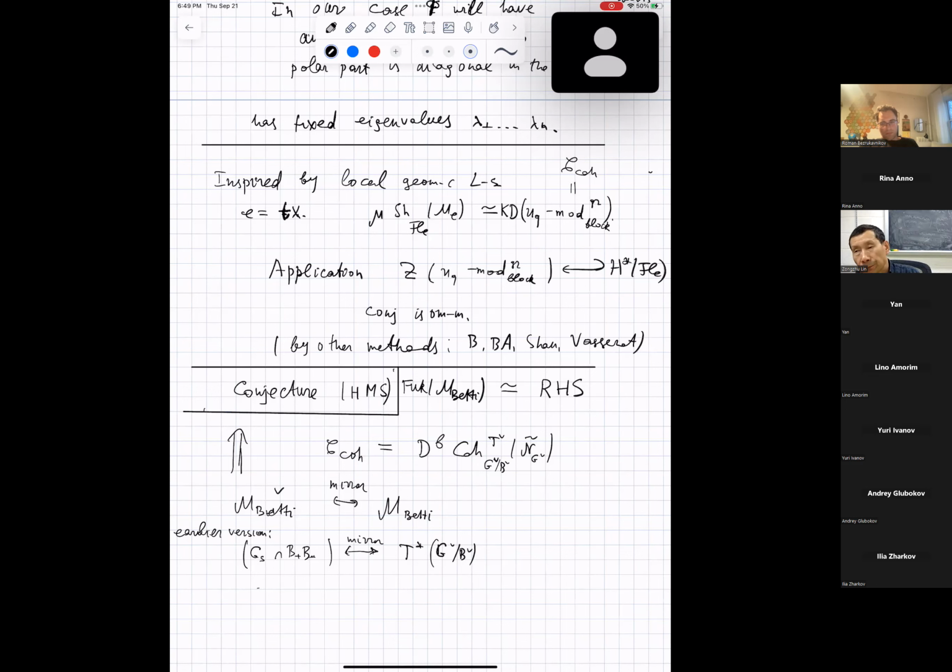Then it becomes even more interesting, because ME is really not small. It's a big complex symplectic manifold containing your Lagrangian skeleton, and theoretically there might be some instanton corrections. I'm not sure. Maybe it's a very interesting story.